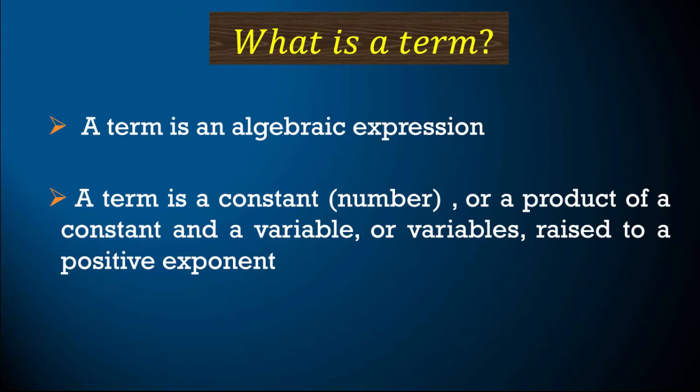So a constant, a number may be considered a term in itself, or a term can be composed of a constant and a variable, say for example 2x, 3x, negative 4x, and so on. Or a term can be comprised of variables raised to a positive exponent.